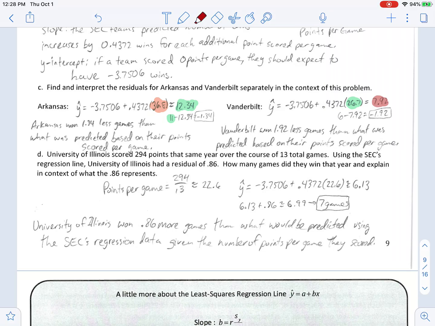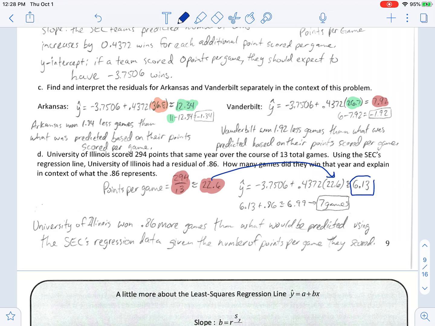So first of all, 294 points over 13 games gives you 22.6 points per game. That's an X value, so you can plug that into here. And using that, you get 6.13 predicted wins. Except they had a positive 0.86 residual, meaning they actually won 0.86 more games than was predicted.